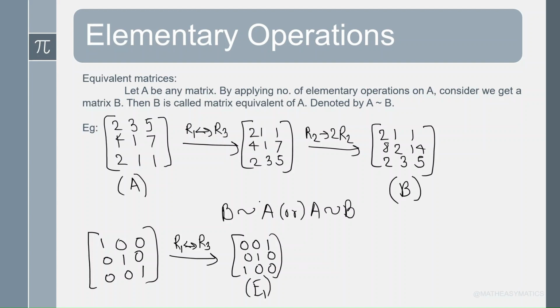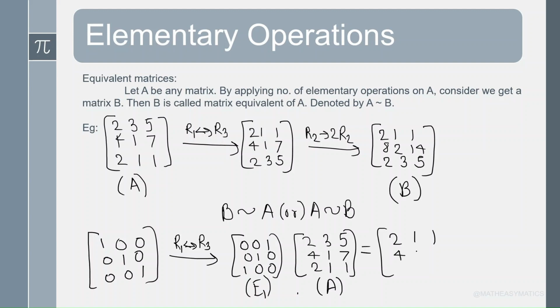Now multiply E1 with A. So 2 3 5, 4 1 7, 2 1 1. Multiply this and A, E1 dot A. So here we get 2 1 1, 4 1 7, 2 3 5.